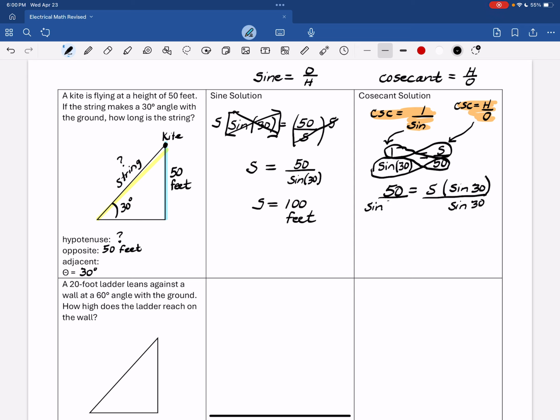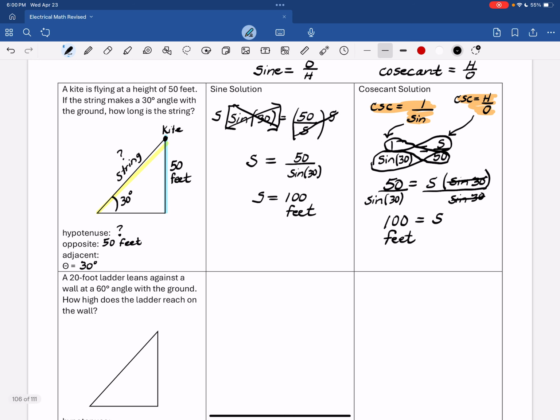And that brings us back to our original right here. These are the same ratios. So we will have 100 equals the length of the string, and that is 100 feet. So you can use sine or cosecant to get the same answer. And that's what we're going to be practicing throughout here. We're going to do it with the sine ratio and then with cosecant.